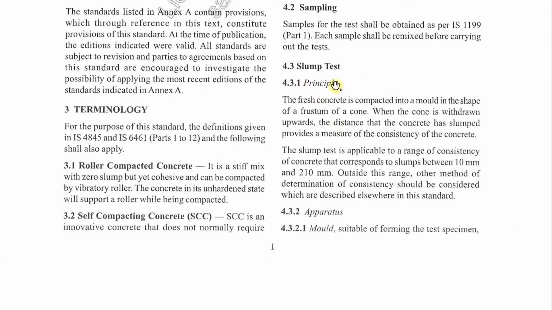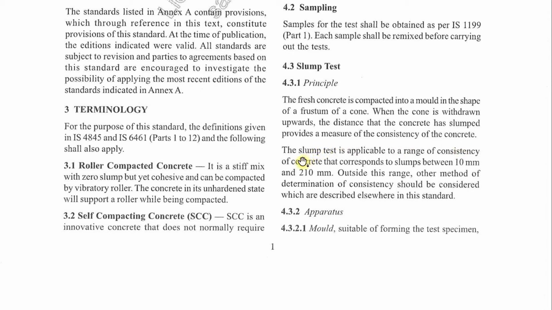So when coming to the slump test, the method starts with the principle. The fresh concrete is compacted into the mold in the shape of a frustum of a cone. When the cone is withdrawn upwards, the distance that the concrete has slumped provides a measure of the consistency of the concrete.